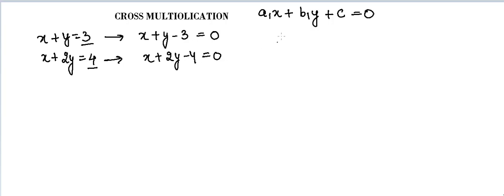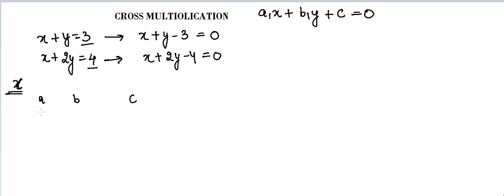Next, I will write the coefficients and then do the cross multiplication. I am solving for x, so I will write the coefficients of a here, b here and c here.